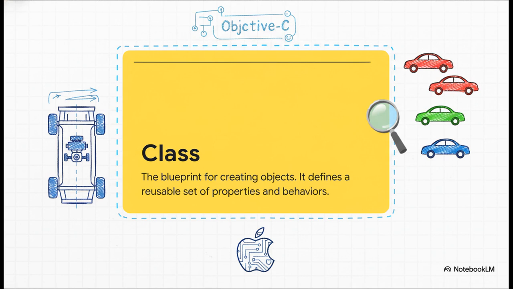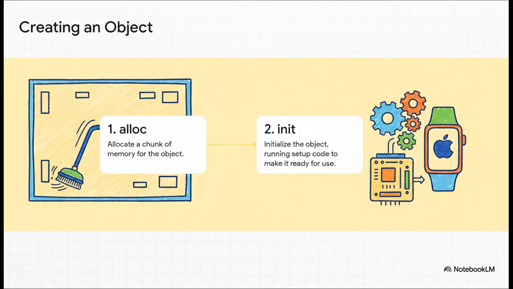You can't drive it. But it defines everything a car is supposed to have and do. It has wheels, an engine, and it has behaviors, like drive or honk horn. Then, from that one single blueprint, you can stamp out thousands of actual, real, drivable cars. Those are your objects.